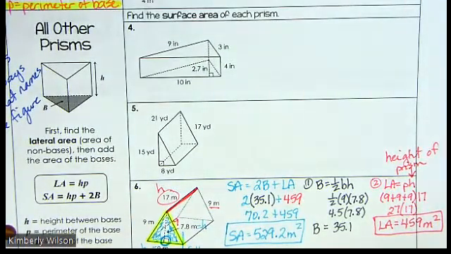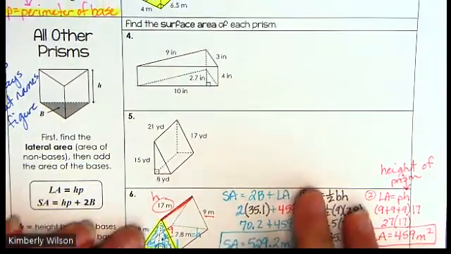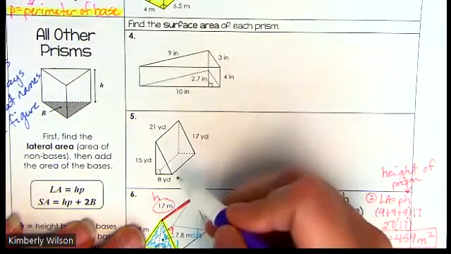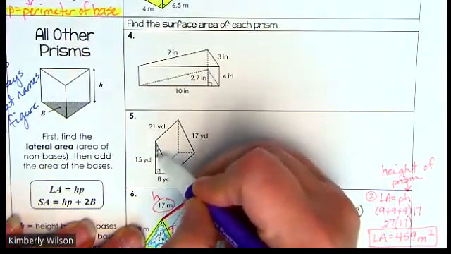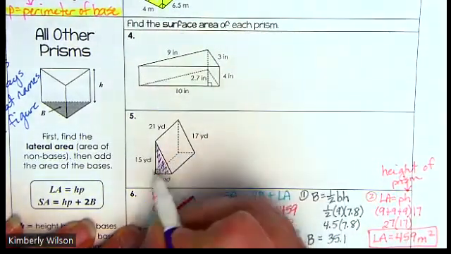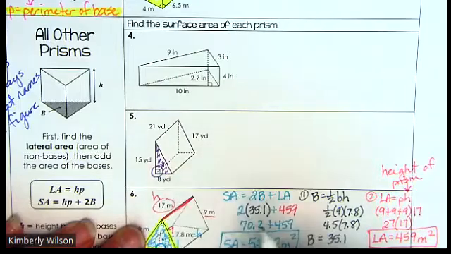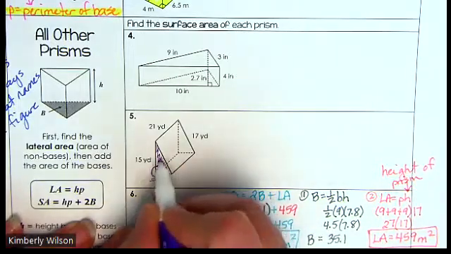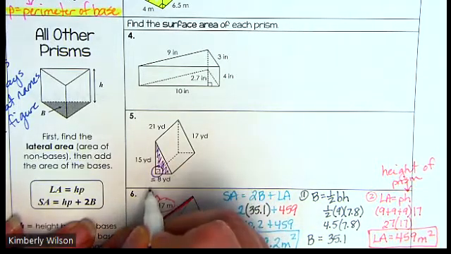When we're looking at these other triangular prisms, you want to make sure that you have things labeled correctly. So let's just look at it and label things correctly. Okay, so looking at number 5, this is my base, this is my right angle. So therefore, this is my base shape figure.